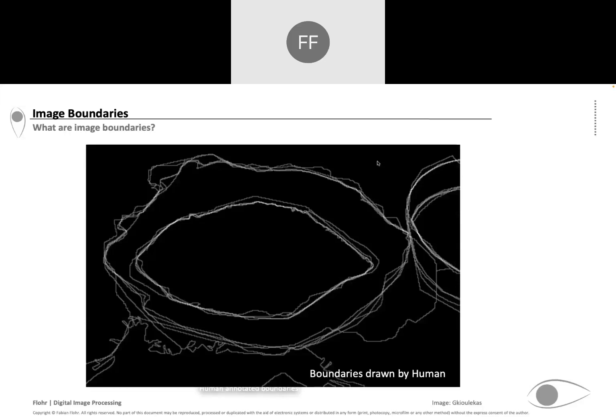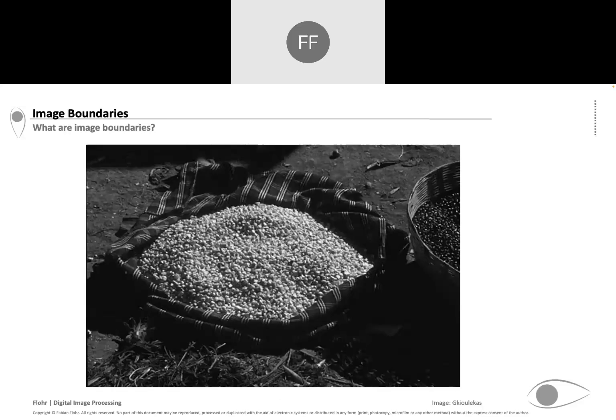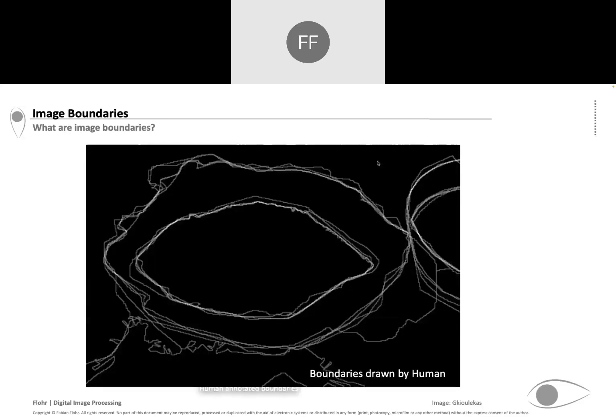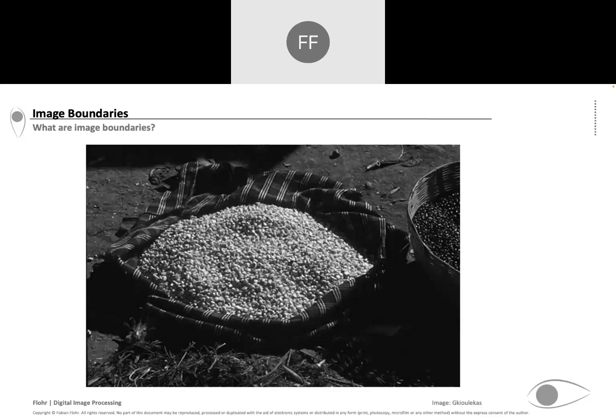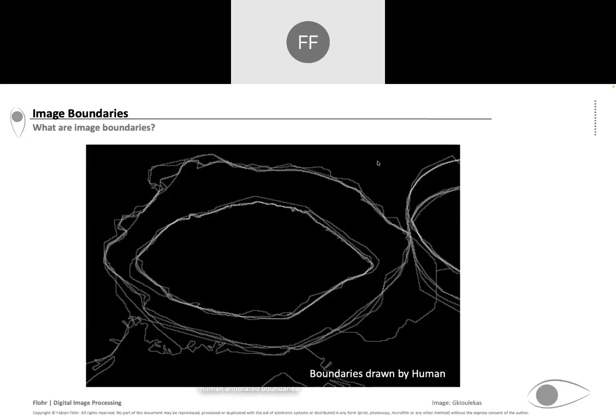So if you would ask a human to draw the boundary on this image without giving him more information, then he would just ignore that part inside this bowl, and he would just draw the outer shape of this clothing here and ignore basically what is it, it's kind of a coffee or whatever. You would just ignore those parts inside here.